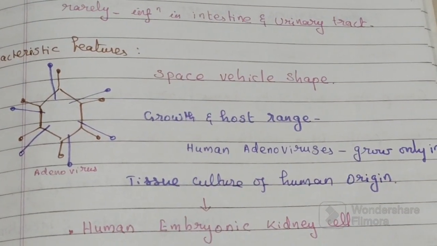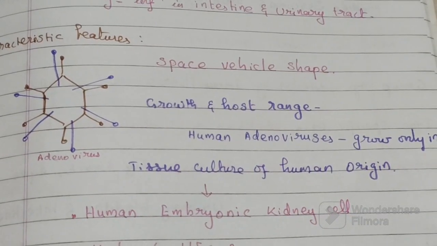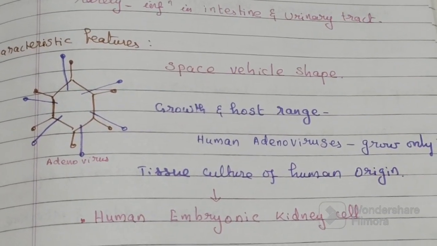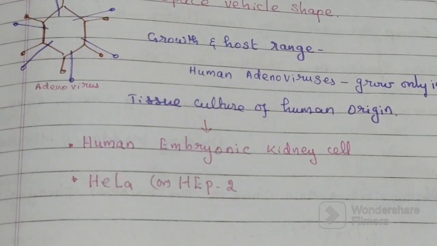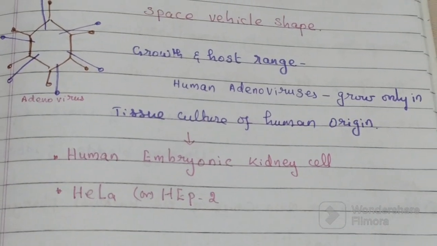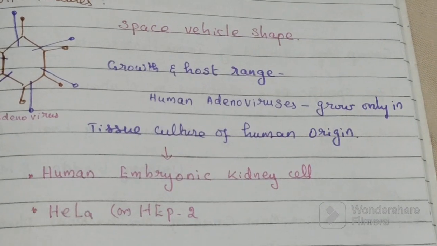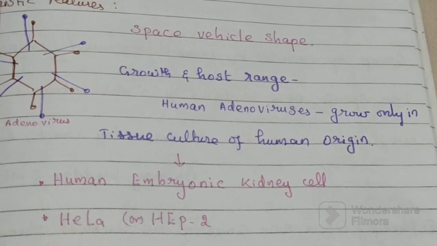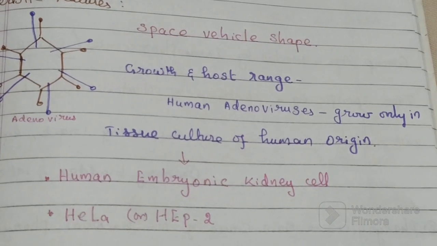Human adenovirus grows only in tissue culture of human origin, such as human embryonic kidney cell, HeLa or HEp-2.